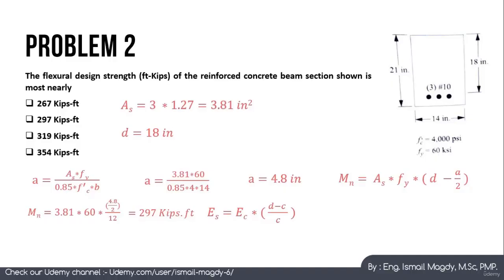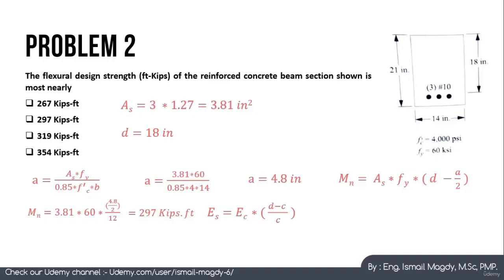Based on the epsilon of the steel and the epsilon of the concrete, we will understand which stage this beam is in. Is it tension failure, compression failure, or the transition stage?